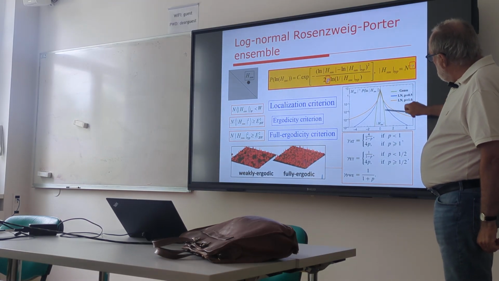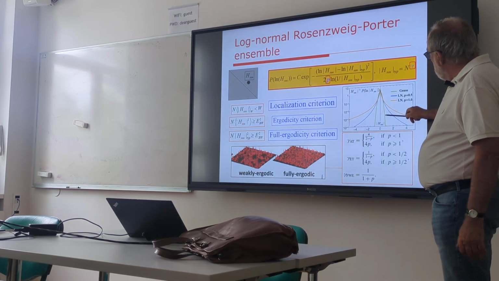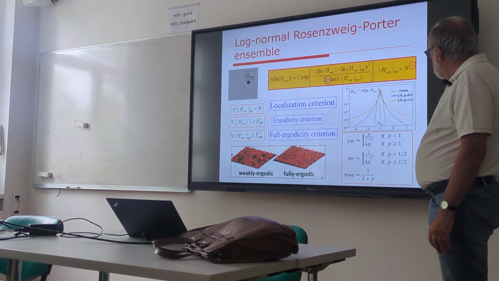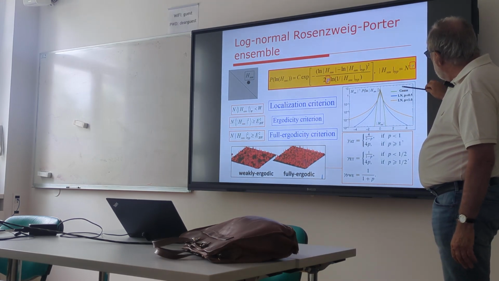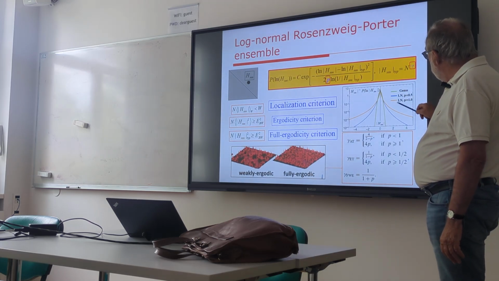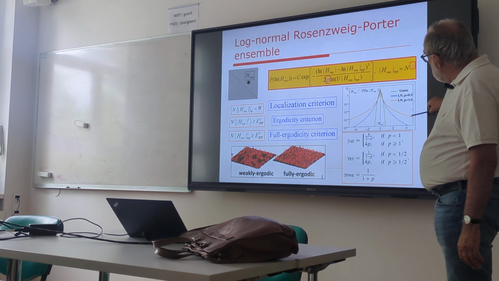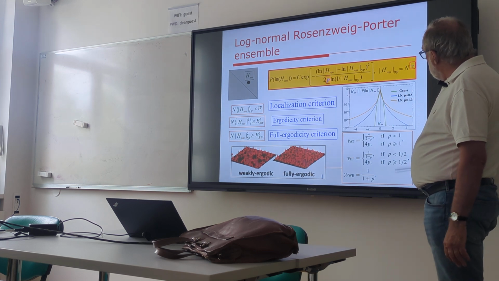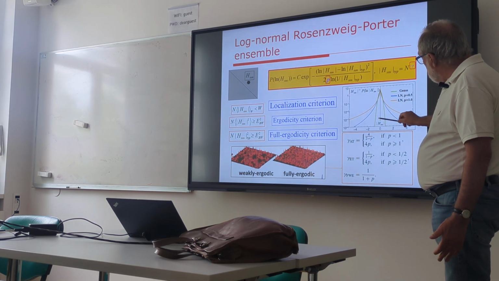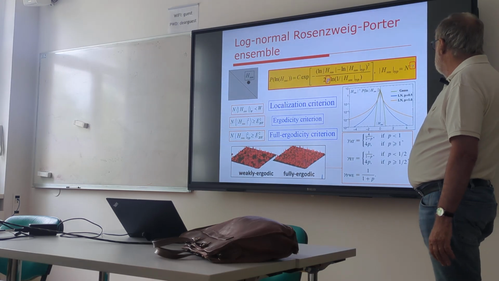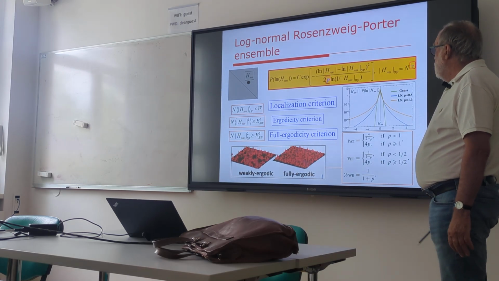So the Gauss does not have tails whatsoever, and you see that with increasing p, tails become thicker and thicker. So on this plot, Gauss corresponds to p equal to 0.